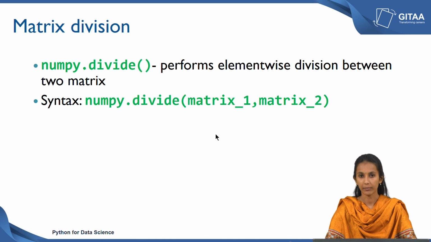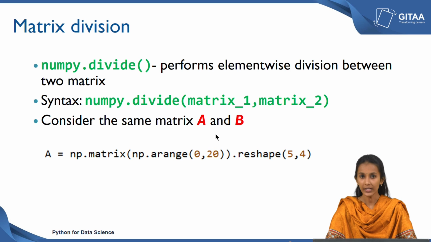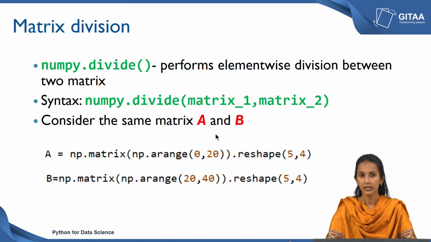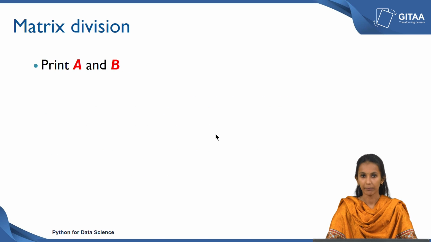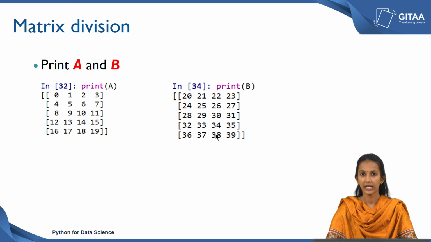Again you have to specify the matrix 1 name followed by the matrix 2 name. So we will consider the same matrices A and B. So let's print A and B. A has values 0, 1, 2, 3 till 19 and B has values 20, 21, 22 till 39. So both are 5 cross 4 matrices.